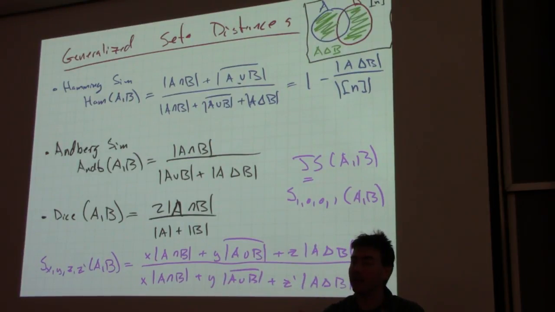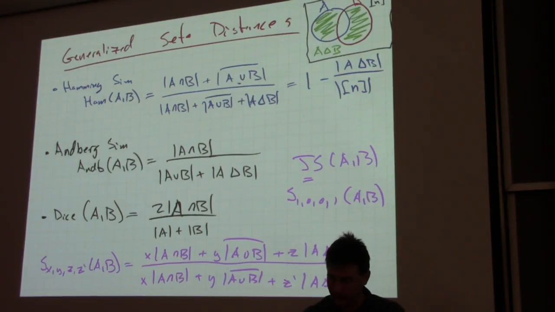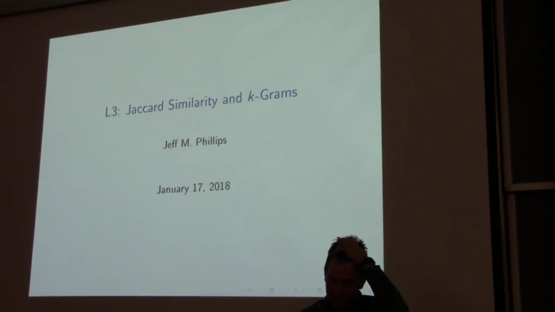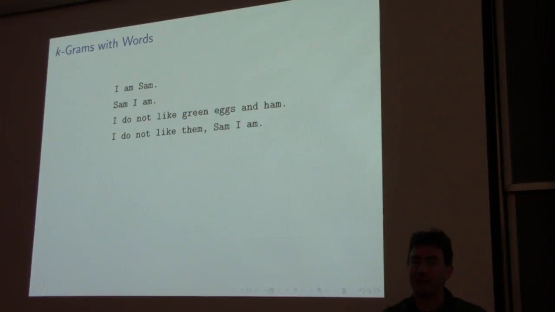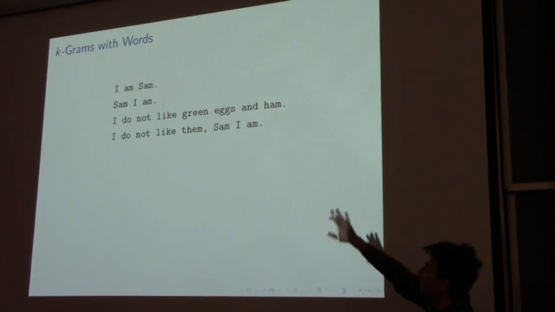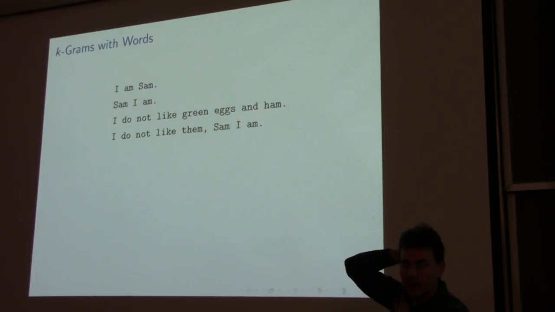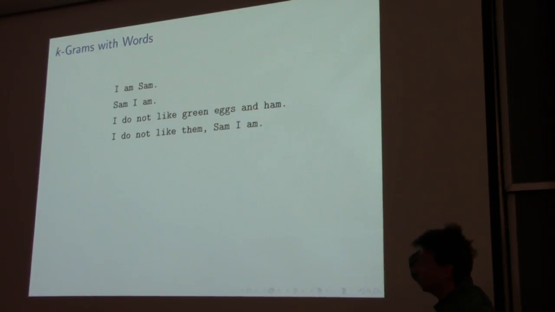Let's see, how do we get this from text? This is what I promised, that we would get this from text. I've got some slides to make this a little more efficient, so we're going to go through an example. Here's an example piece of text, and I want to convert this into a set.